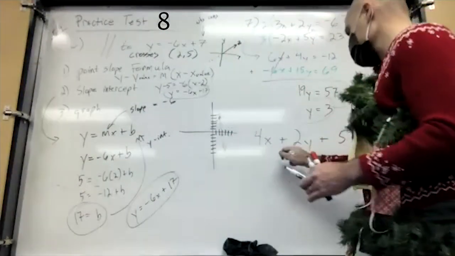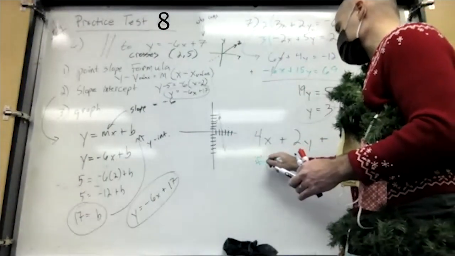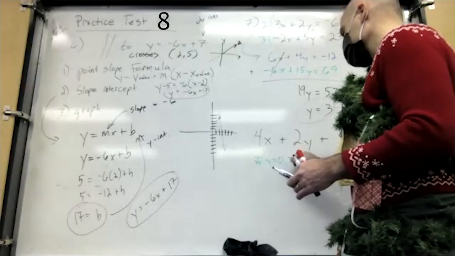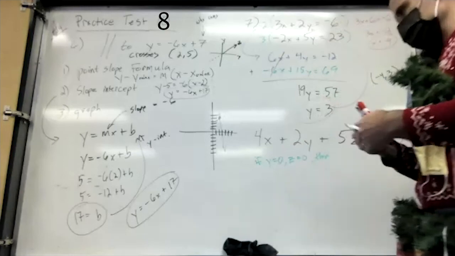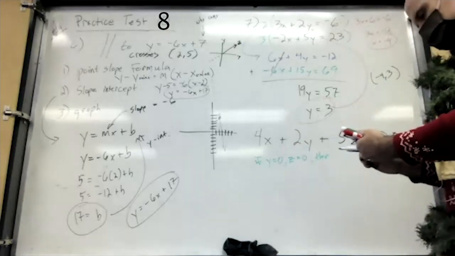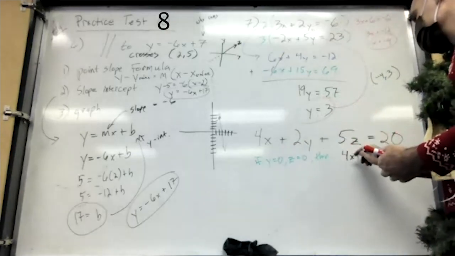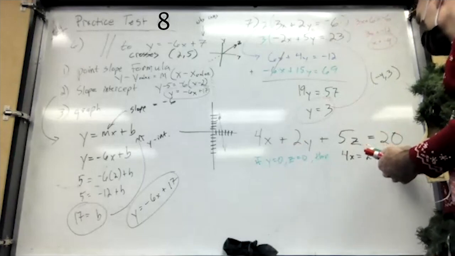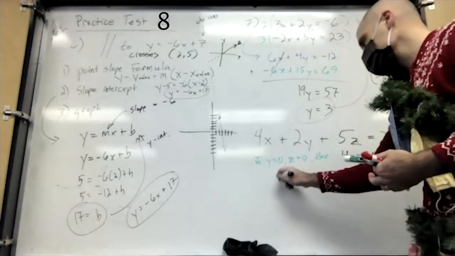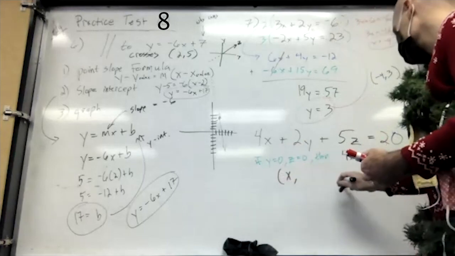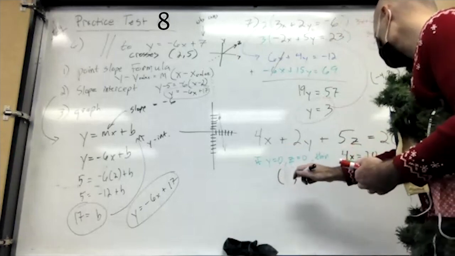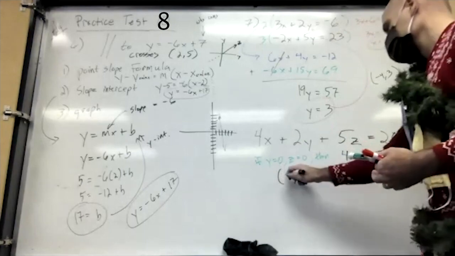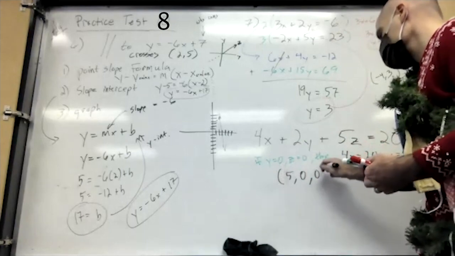So if y and z equal 0, then 4x equals 20. So x would have to equal 5. So here's one intercept. x is 5, 0, 0.